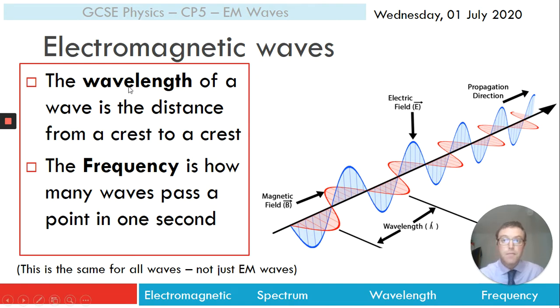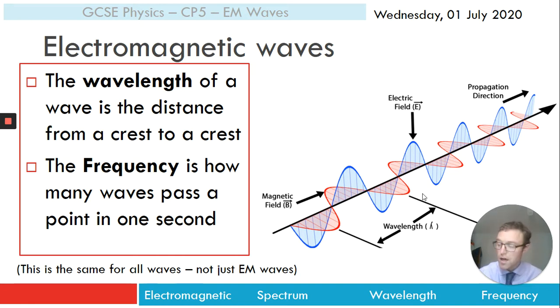These two words, wavelength and frequency, are the same for all waves. We can use those for sound waves, we can use them for water waves, we can use them for electromagnetic waves. These two words are fundamental for understanding different waves, wavelength and frequency.